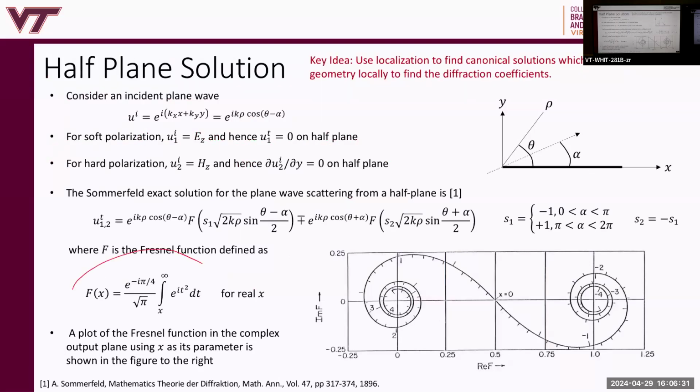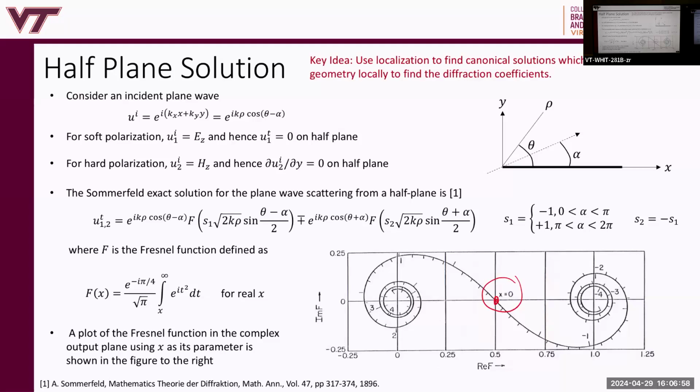So what are the properties of this? Here's the Fresnel function. It's a function of x. That means that we plug in x, which defines the lower limit of integration, and therefore we can integrate once we define that x, and we get some scalar value that's a complex number. So x is a real number, but the output F of x is a complex number. Here is the plot in the complex plane, imaginary vertical, real part horizontal, and we have different values of x.